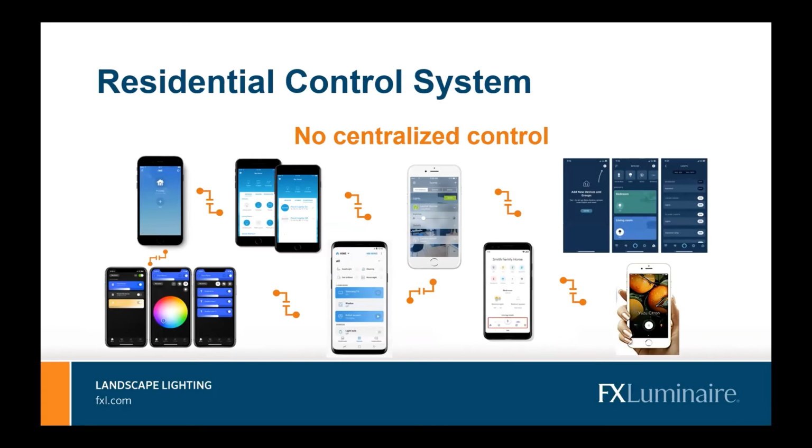Every single one of these manufacturers' products has a separate app. And it makes it difficult for homeowners to really have a go-to point in order to adjust their system. They can go into each app and set it up so that it works for their lifestyle. But if they needed to make a change to multiple products, they would have to go into multiple apps.